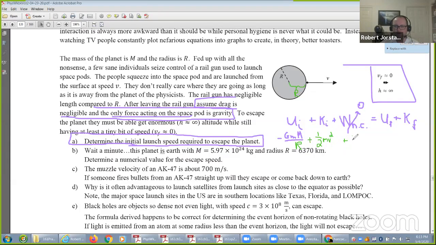I have no work non-conservative. This is G M m over what radius? Approximately infinite.